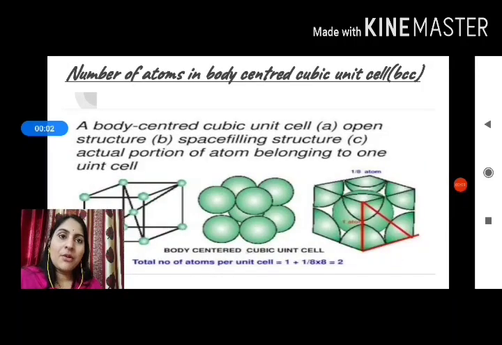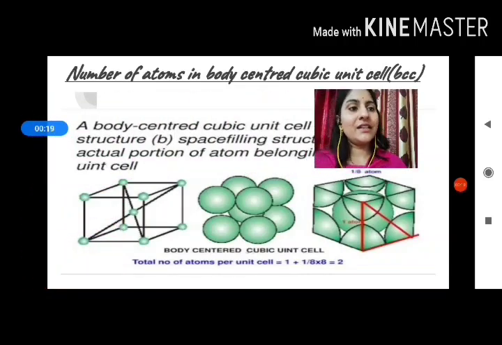So here we have the number of the atoms in the body centered cubic unit cell, that is the BCC type of the unit cell. See, here also we have the open structure, space filling structure and the actual portions of an atom belonging to 1 unit cell. Now just to understand the arrangement of the BCC, here also we'll have the 8 corner atoms, but along with the 8 corner atoms we'll also have one constituent particle which is present inside the body, so its contribution is 1.